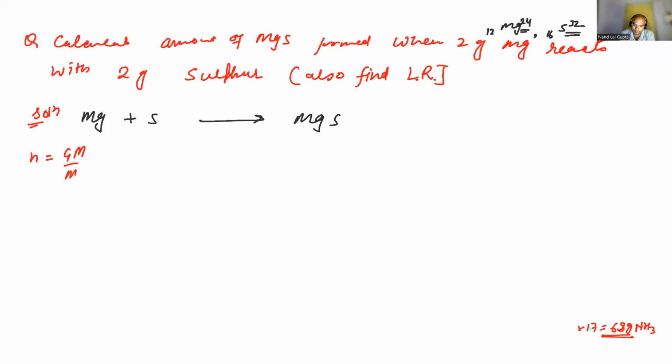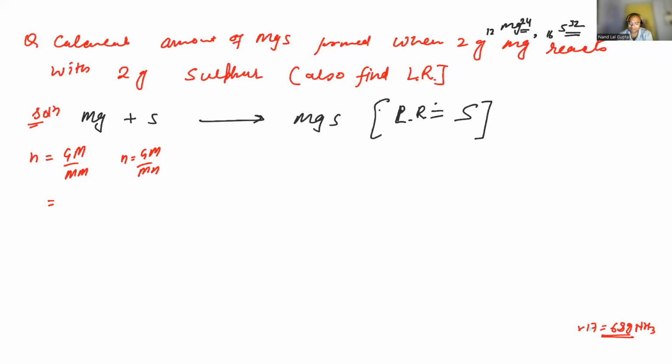Given is 2 grams, so you'll do 2 divided by 24. You guess which can be the limiting reagent. By not calculating, just guess, Mg or S. I think sulfur. You are saying sulfur.